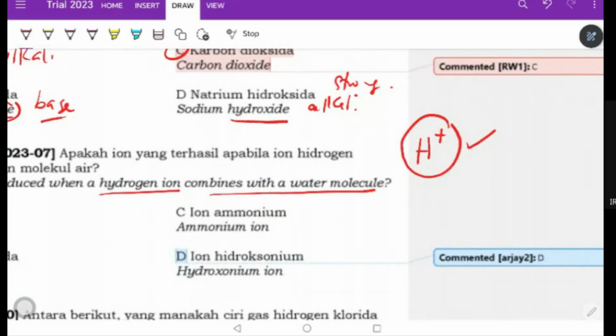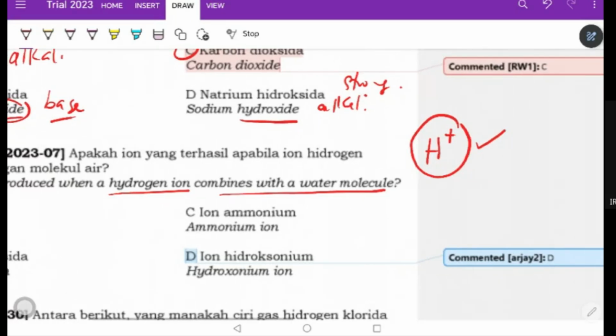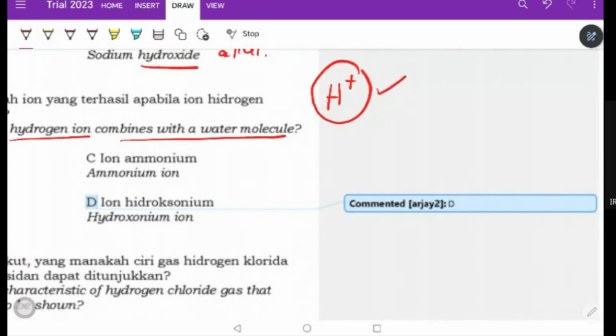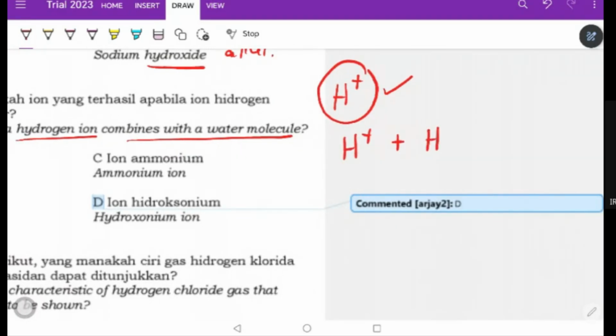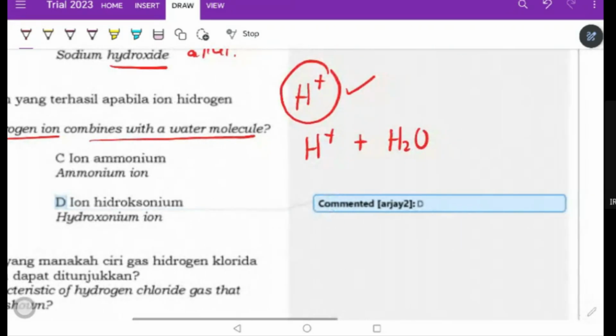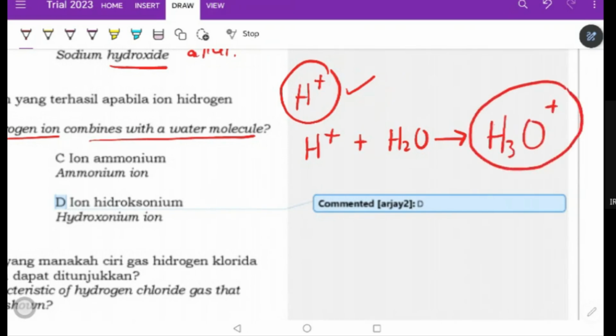No, hydroxide is for the alkaline. Okay, hydronium. You should be able to write out the equation. Hydrogen reacts with water. Your product is hydronium, H3O+. This is the hydronium.